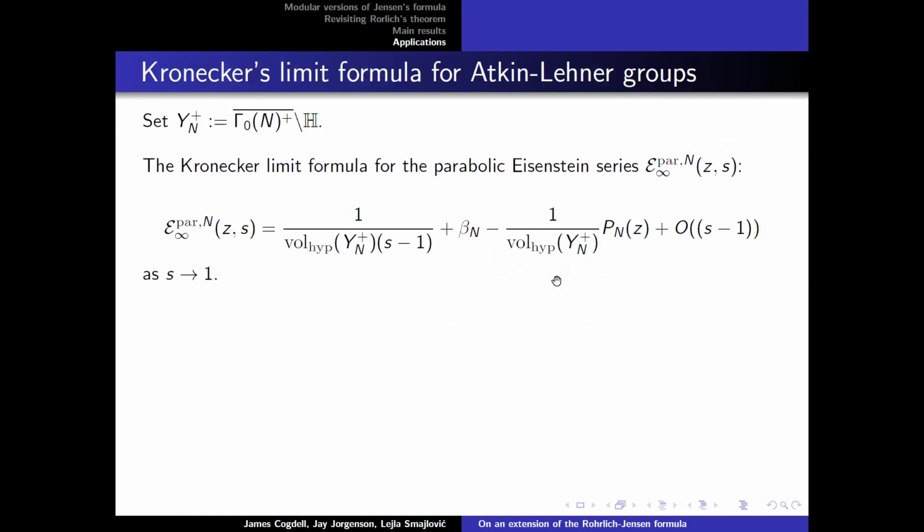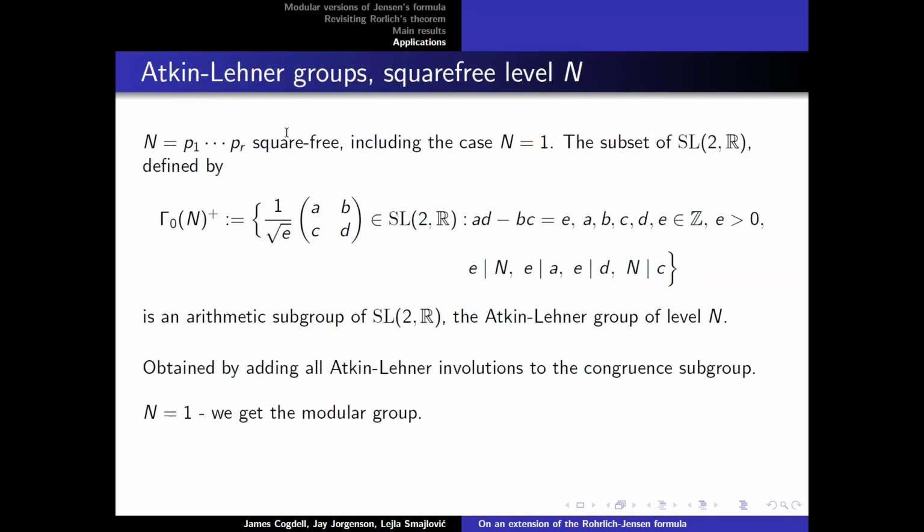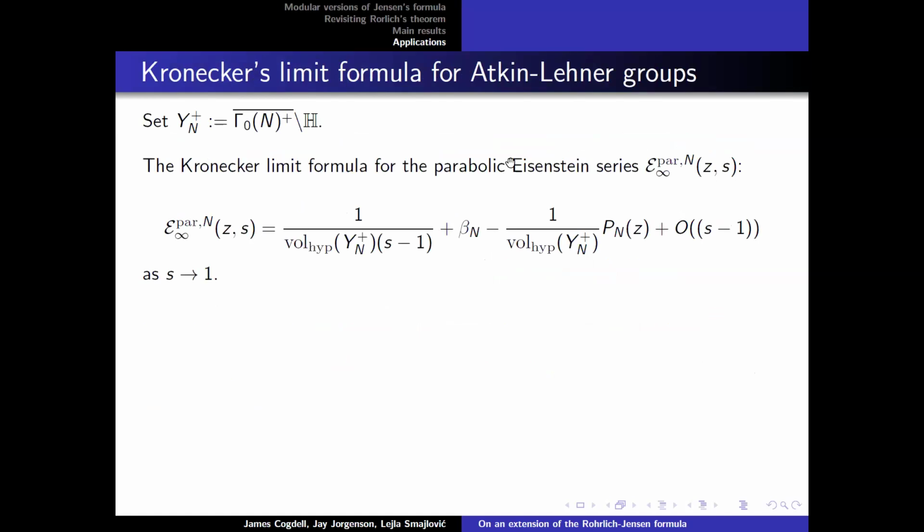So this is a nice group which has one cusp. And then we will denote by Y_n^+ the corresponding Riemann surface. And this bar here denotes the projection of this group, which is a subgroup of SL2(R), onto PSL2(R), meaning I will just identify elements plus or minus the matrix inside the group.